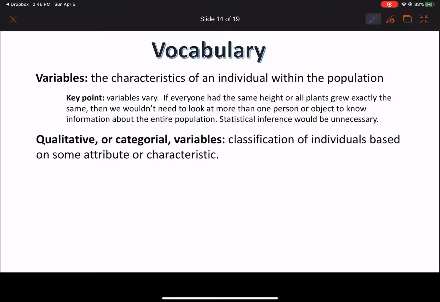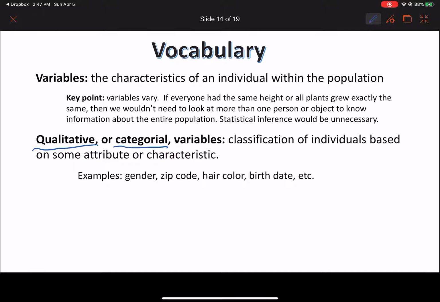Qualitative or categorical variables. I use both words, categorical and qualitative. These are based on some attribute or characteristic. These are generally non-numerical, or they're numbers that don't mean anything. So gender, zip code, hair color, birth date. The numbers are numbers you don't usually do math with, is the way I put it.